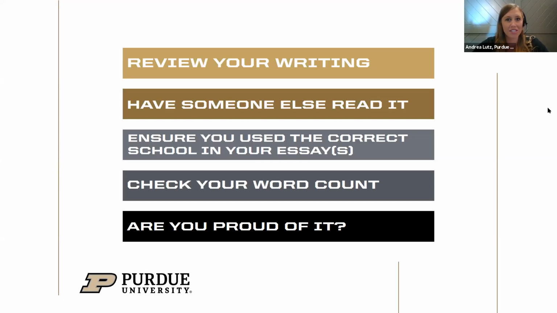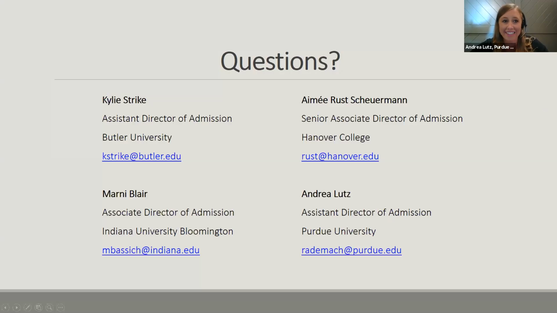A lot of schools have early action or early admission deadlines, typically in early November or early December. So you still have some time to work on your essay and make it a piece of work that you are proud of and that you feel represents you well. So that's just a brief checklist before you click submit.